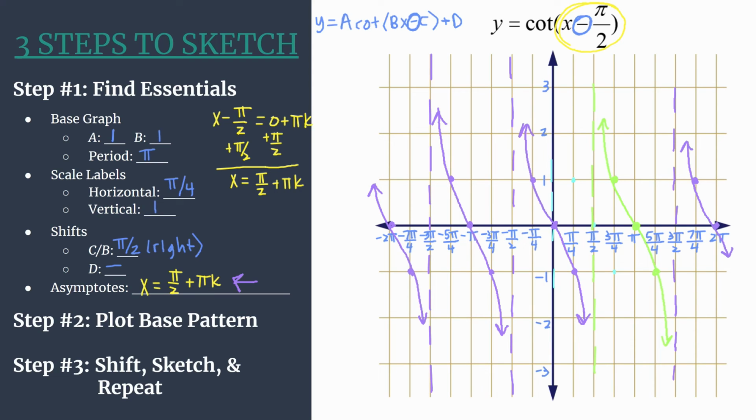Now it's worth noting, we said at the beginning, this is a pretty basic shifted cotangent graph. All it is, looking at the equation, is moving everything from your parent graph, cotangent x, right pi over 2. So if you wanted to do this as just a basic transformation on the parent function cotangent graph, you'll notice we essentially sketched that graph lightly in step 2, that light blue graph, and then we moved everything right pi over 2 units.